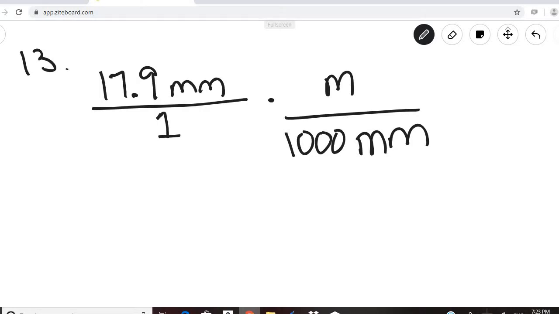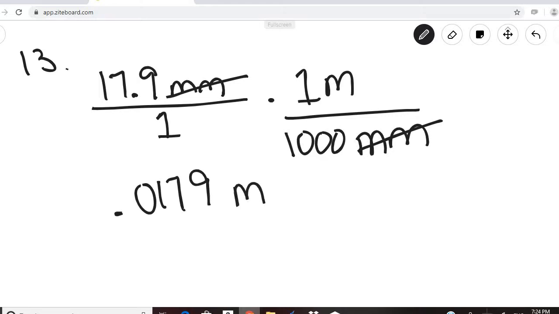We know that there are 1,000 millimeters in 1 meter. So we'll multiply across the top and divide by the bottom. Millimeters divided by millimeters, our units will cancel. So it's 17.9 divided by 1,000, which will give us 0.0179 meters.